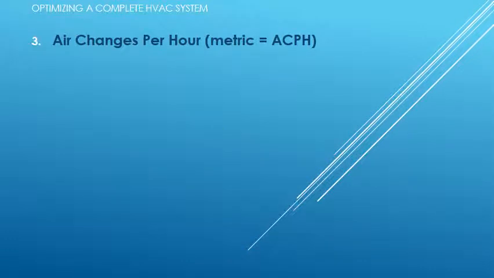Number 3, air changes per hour. Given those numbers, we want to calculate how many times per hour the air changes in my business. That's the standard. If you were going to ask somebody at a business how many times they change the air in the place, that would be ACPH. That's what they would quote back to you.